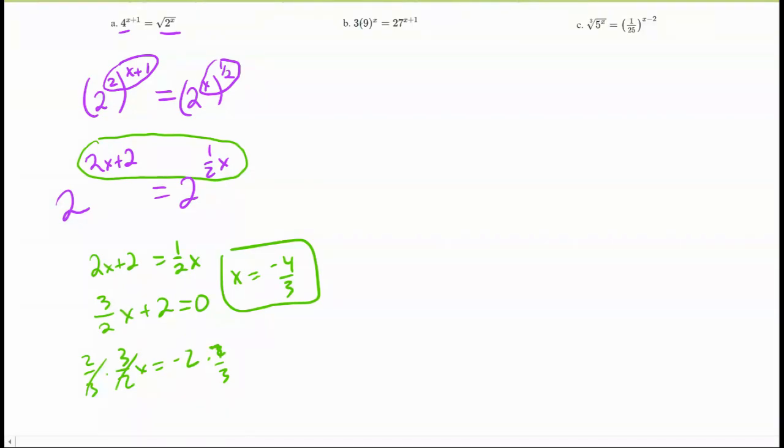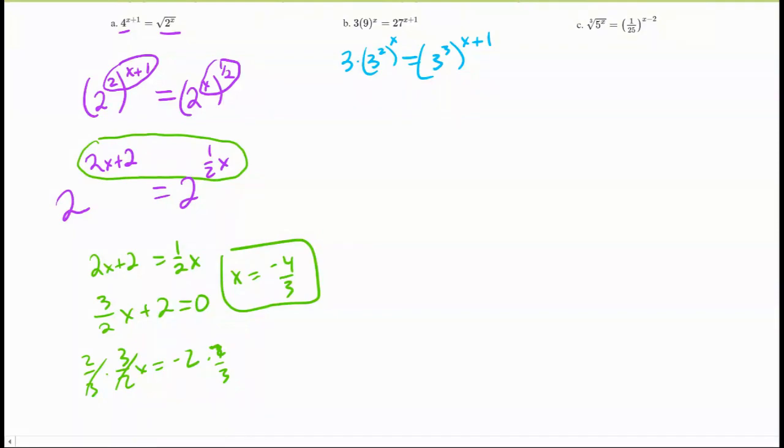Second one here, I got, let's see here, 3 times 9 to the power of x. So this is really 3 times 3 squared to the power of x, which equals 3 to the power of 3 to the power of x plus 1.